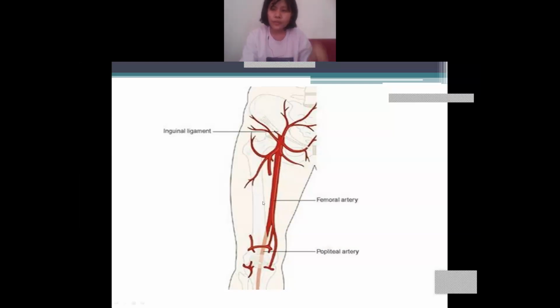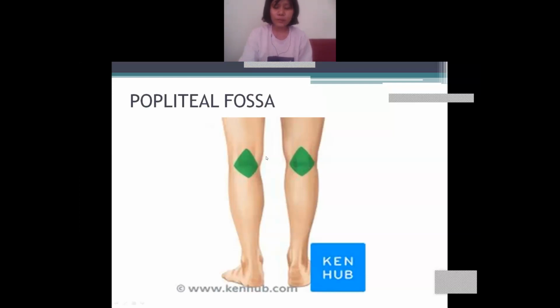When it runs downwards, you will find the popliteal space. In the popliteal space, you will find the popliteal artery, that is, in the popliteal fossa, and here you will be able to feel the pulse.